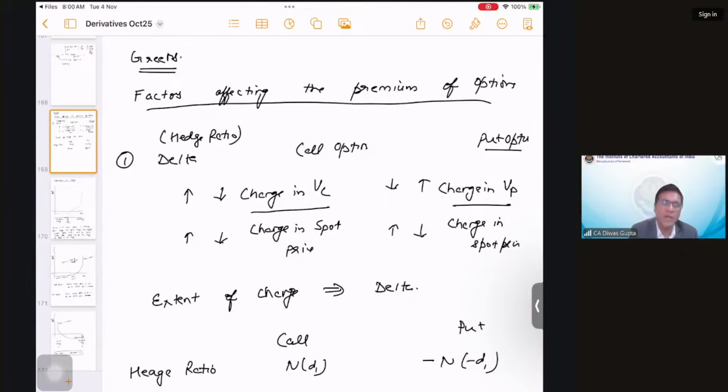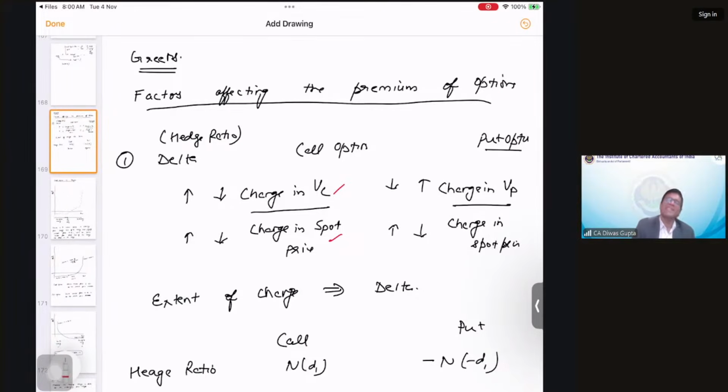Delta is what? Delta is the change in the value of a call option divided by the change in the spot price, students. In case of a call option, if the spot price decreases, the value of the call option also decreases.